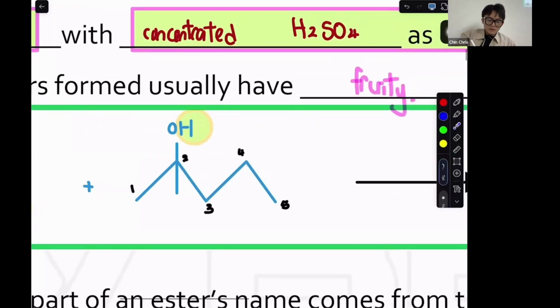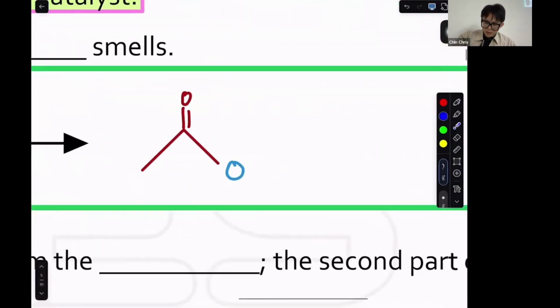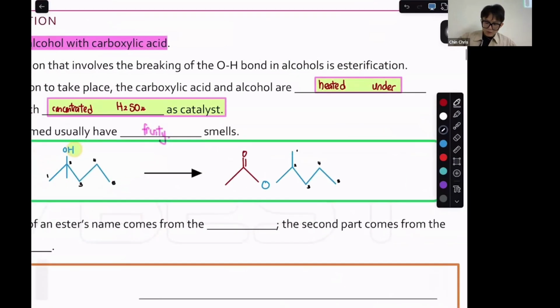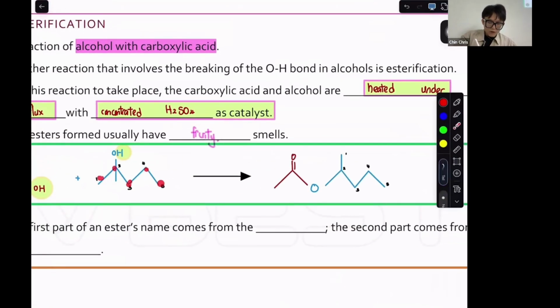This O is connected to carbon 2, then you can draw 3, 4, 5. One more time, 2, 3, 4, 5. Then I connect to another one, which is carbon 1. Now I have completed my 1, 2, 3, 4, 5.